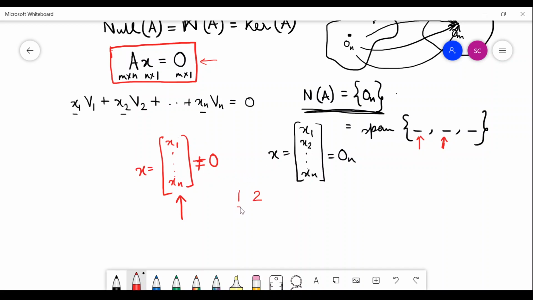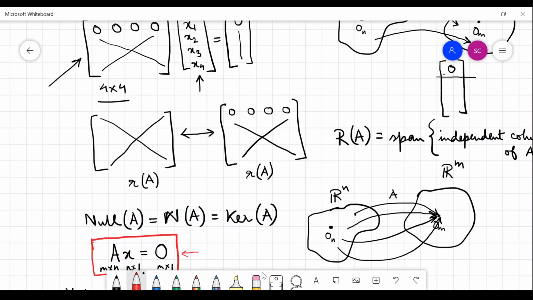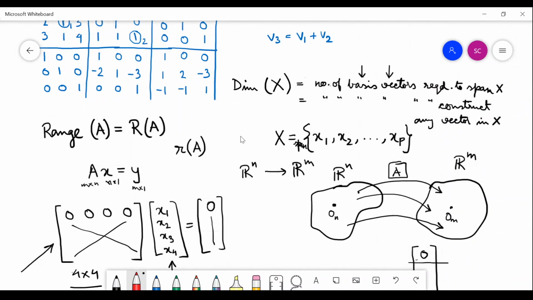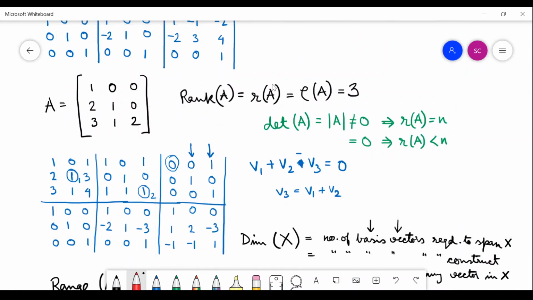So as many 0 columns as you get at the top, you read off the corresponding bottom vectors in the column operation chart. So we have an example here. What was the first example?